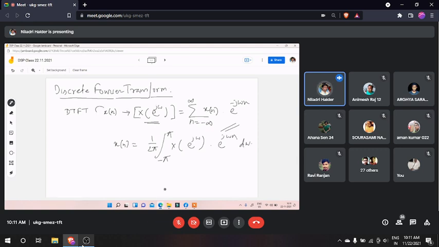These are the two formulas to calculate the frequency response of a sequence, and from that frequency response again to calculate the time response of the sequence.